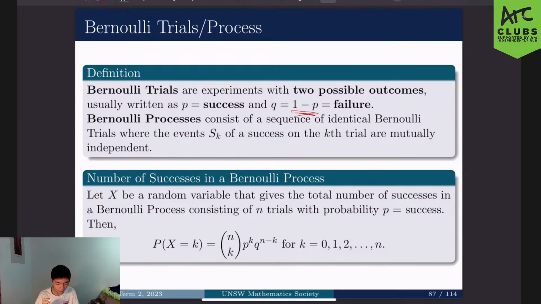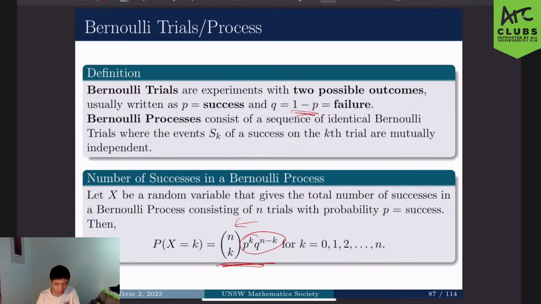Okay, for the number of successes, this is the formula, right? This is basically looking at how many ways we can arrange the ones that are successful, where q is for the failures and p is for the successes. If we have k successes and n minus k failures, then these are the powers for the probabilities, and the combinatorics n choose k allows us to arrange the order in which these k successes occur.